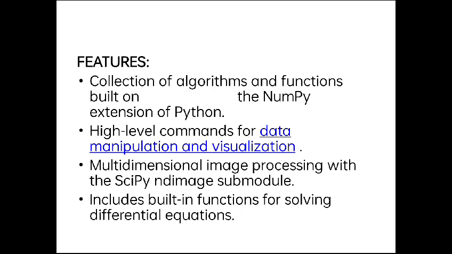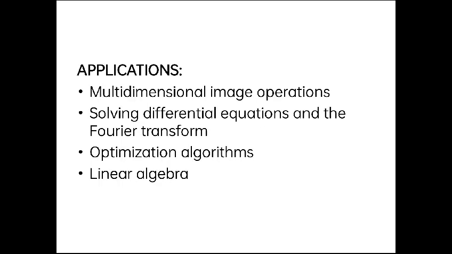Its features: collection of algorithms and functions built on the NumPy extension of Python, high-level commands for data manipulation and visualization, multidimensional image processing with the SciPy ndimage submodule, includes built-in functions for solving differential equations. Applications: multidimensional image operations, solving differential equations and Fourier transform, optimization algorithms, linear algebra.